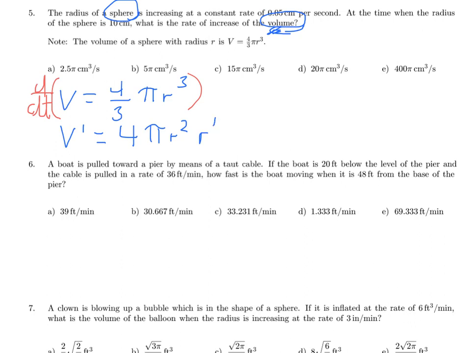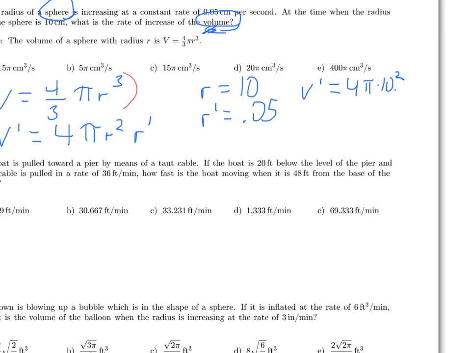Looking at the problem, we have a little bit of information here. R is equal to 10, and r prime is equal to 0.05. Plugging this into the problem, v prime equals 4 times pi times 10 squared times 0.05.